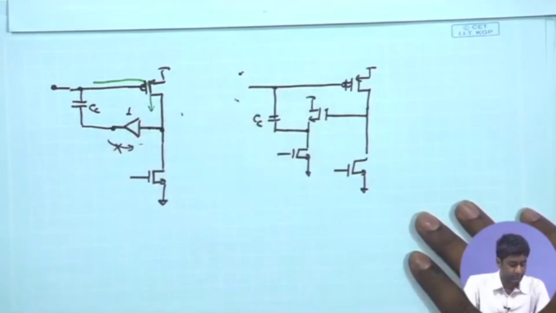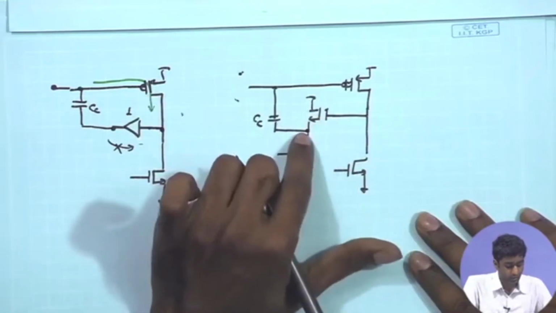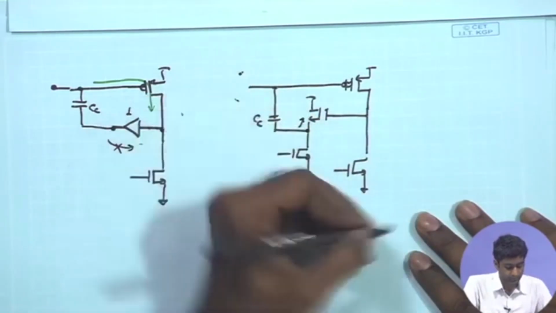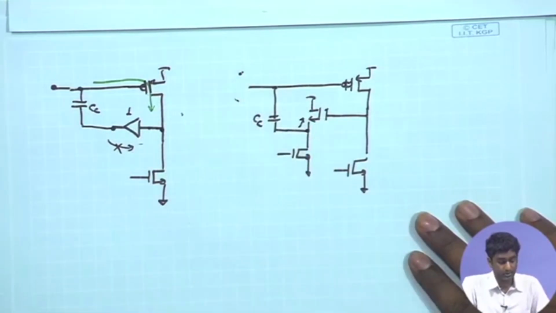So, this is one particular scheme where the overall output impedance of this stage is given by 1 upon gm of this transistor, which can be made to be relatively low.